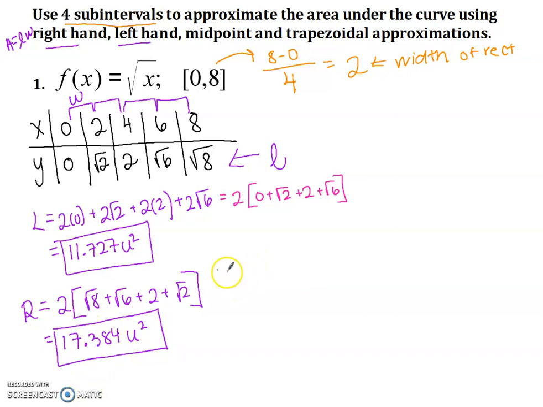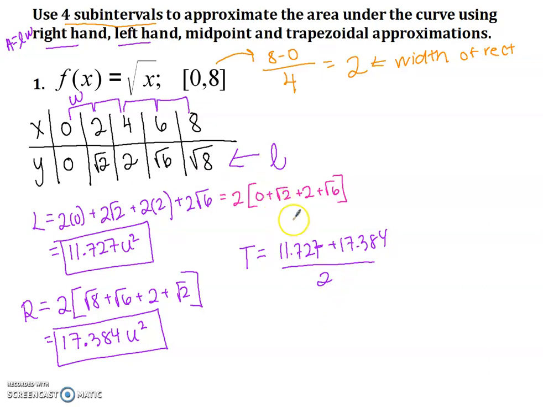And then once you have found the left and right-hand sum, the trapezoid sum is easy. You just take these 2 numbers, 11.727 and 17.384, add them together, and divide by 2.